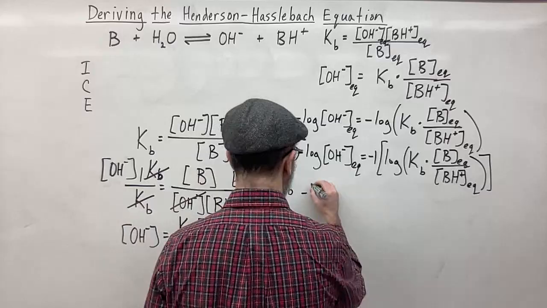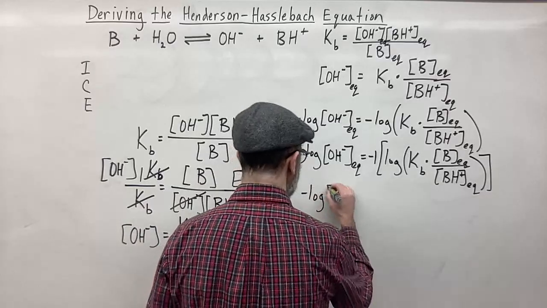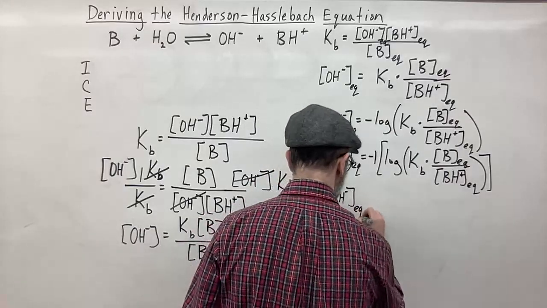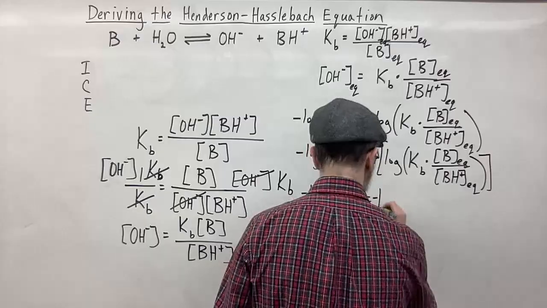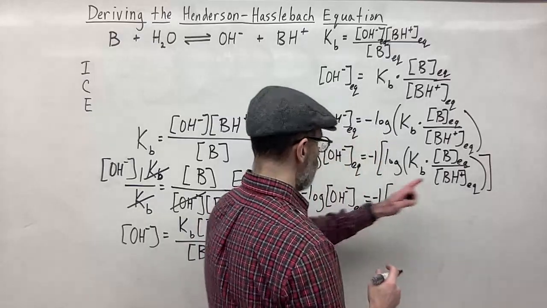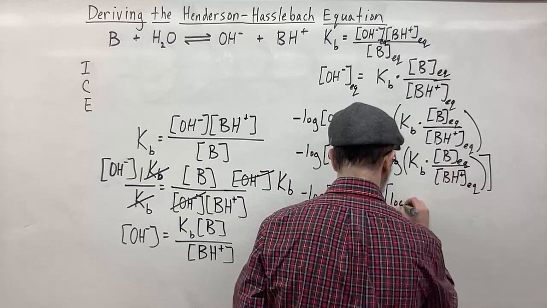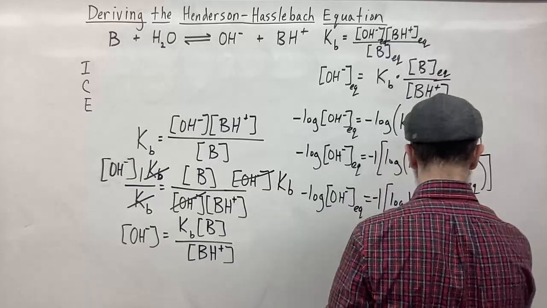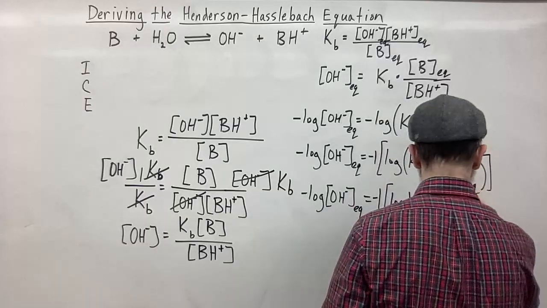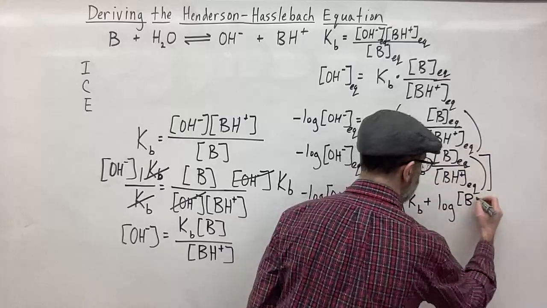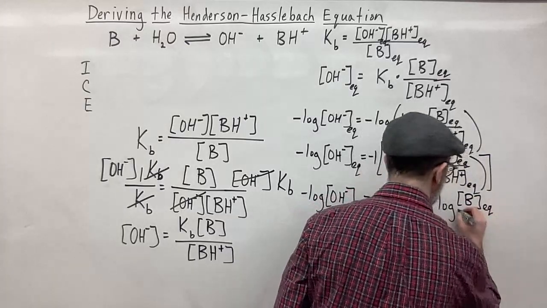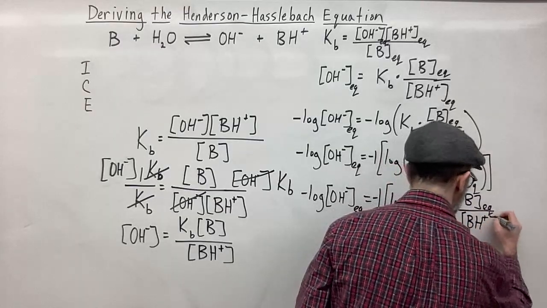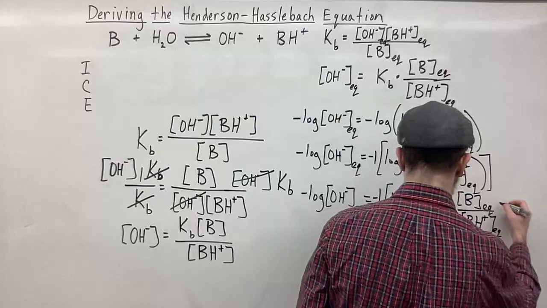So once again, I'm going to have the negative log of the OH minus concentration, the hydroxide concentration, is equal to negative 1 times, and again, I'm going to separate these two, so it's going to be the log of Kb plus the log of the concentration of B at equilibrium over the concentration of BH plus at equilibrium.